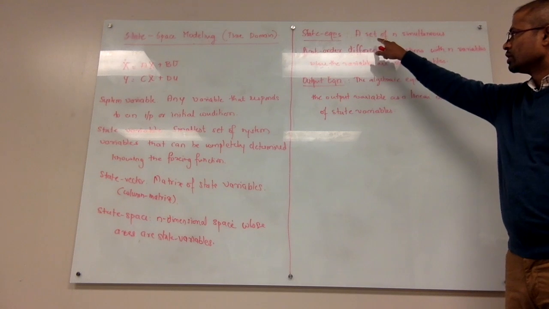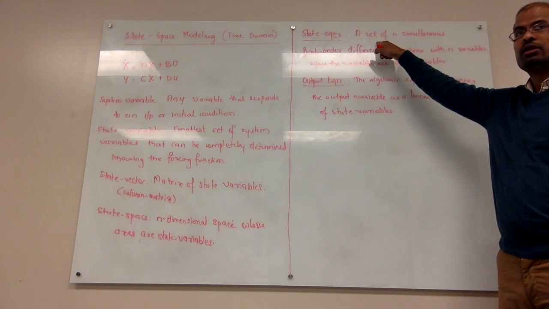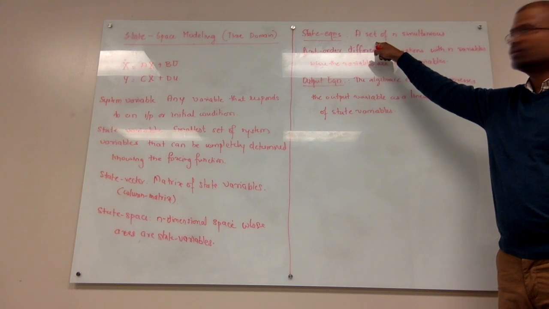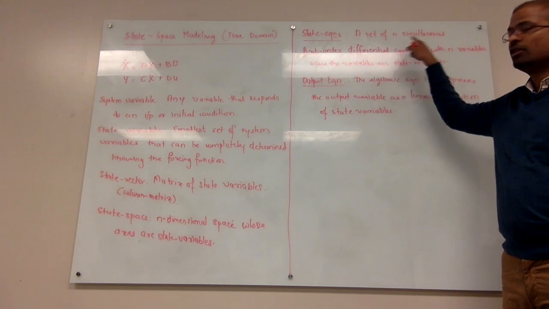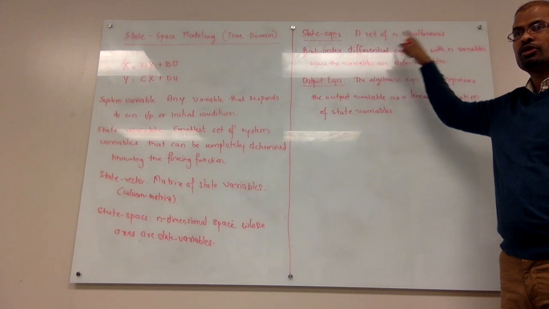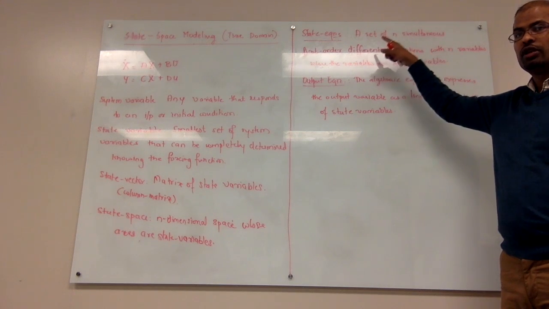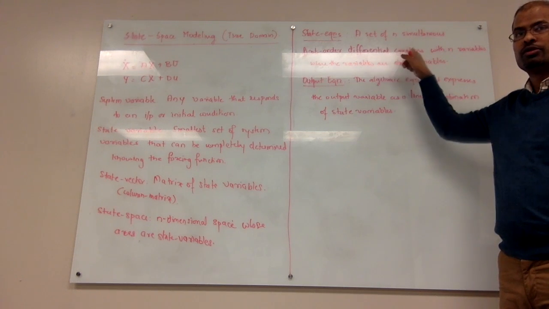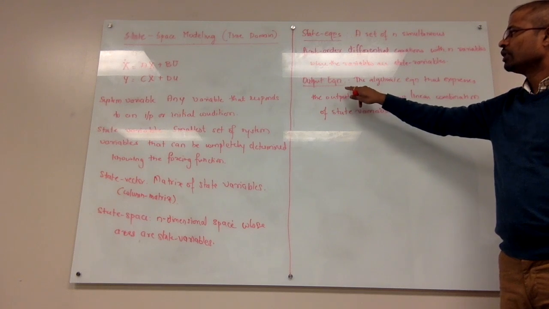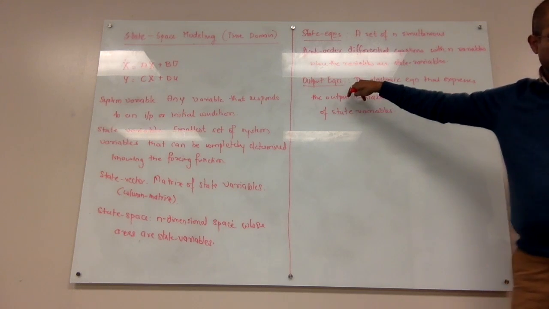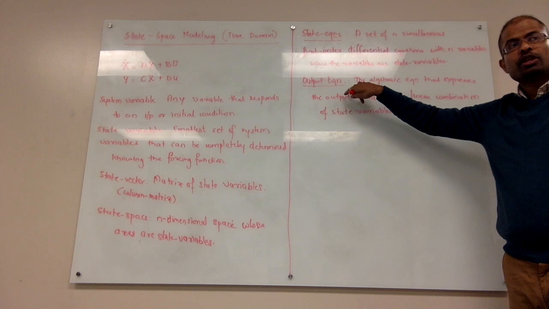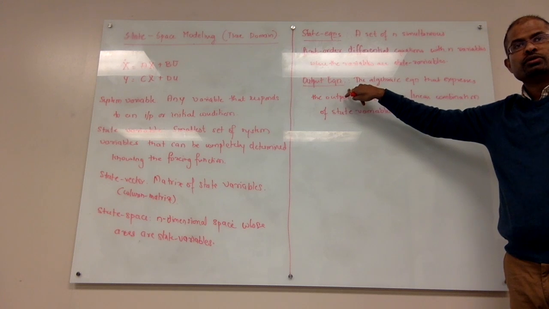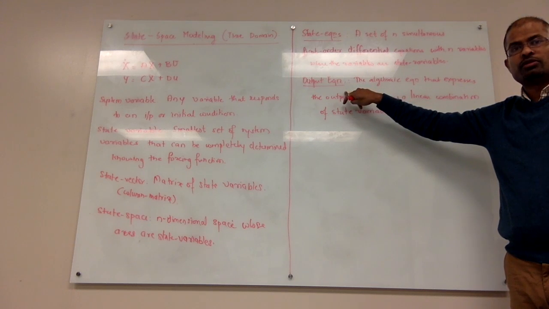The state equations are simply a set of first order differential equations, n simultaneous equations with n variables, and all those n variables are state variables. Finally, the output equation is simply an algebraic equation expressed as a linear combination of the state variables.